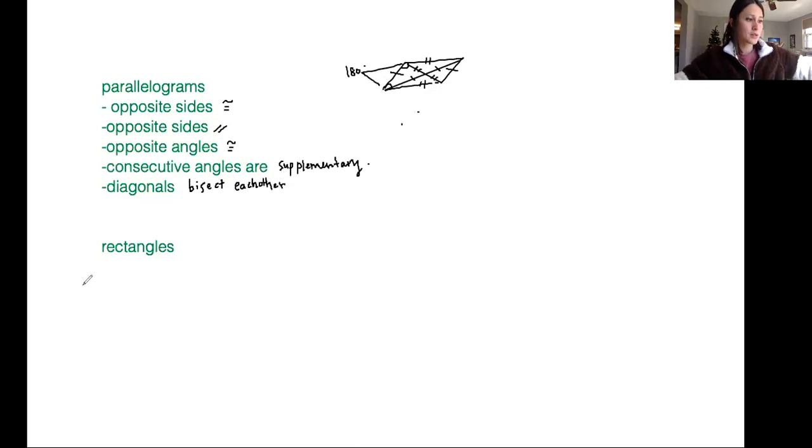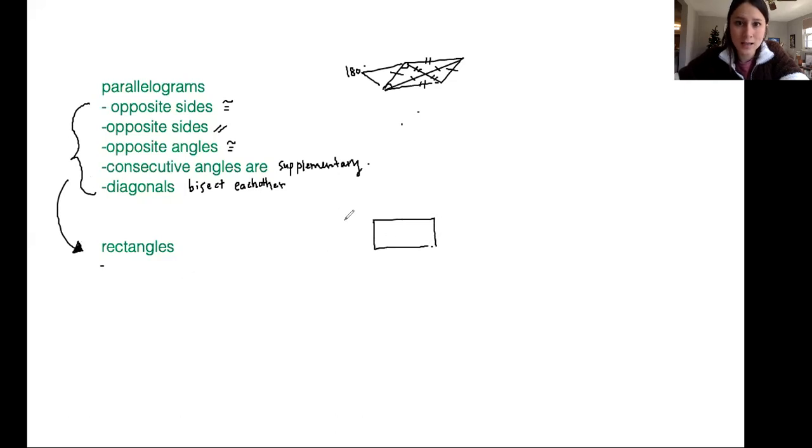Looking at rectangles. Now, rectangles have all the qualities of a parallelogram. So all this is true for a rectangle, but there's two more specific things. So a rectangle looks like that. Something that we know just by looking at it is that the angles are all right angles. So we can say a rectangle has all right angles.